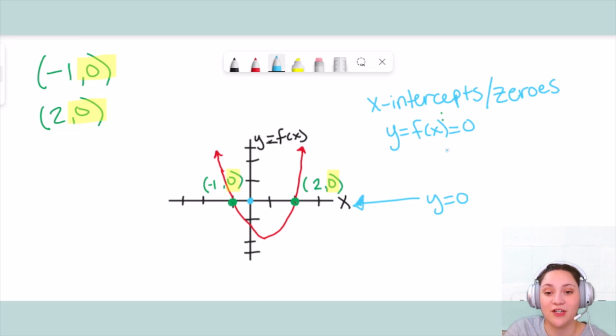It's where the function equals 0, or where it crosses the x-axis. So one of the things that can sometimes be frustrating with these characteristics of quadratic functions is that we oftentimes have 2 or more ways to say the same thing.